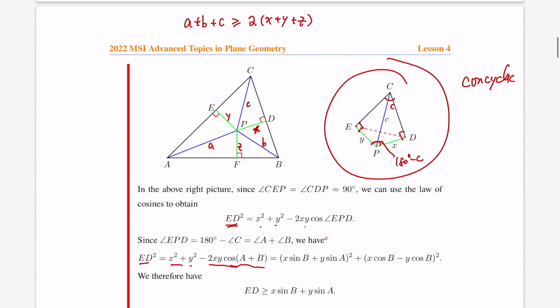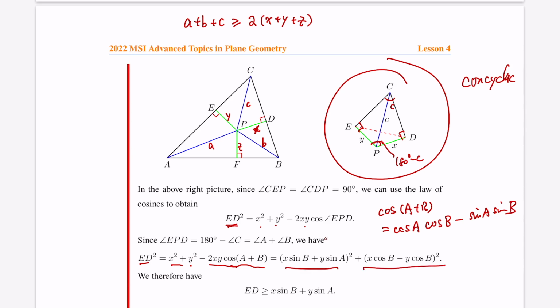But we know that by trigonometry, cosine of A plus B is equal to cosine A cosine B minus sine A sine B. That's the trigonometric identity. And if we put this identity in, something magic happens. We can actually write this ED squared as the sum of 2 squares, basically.